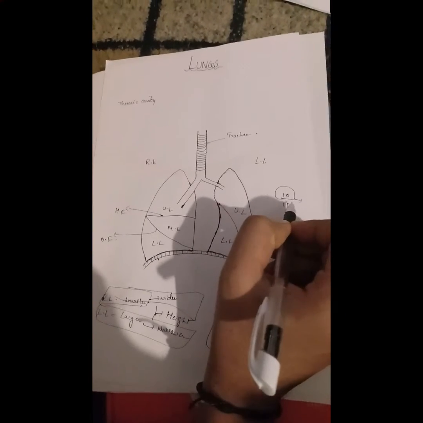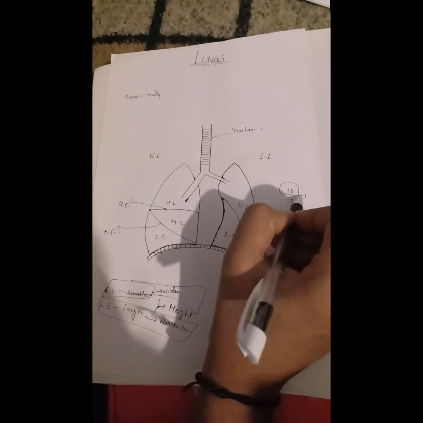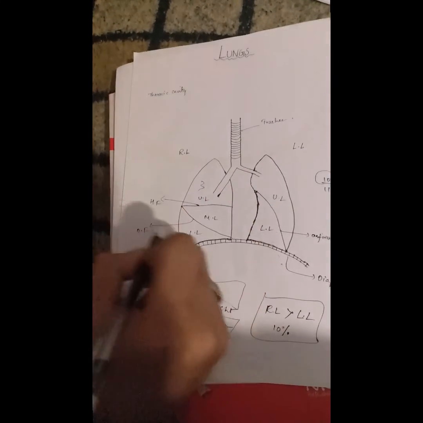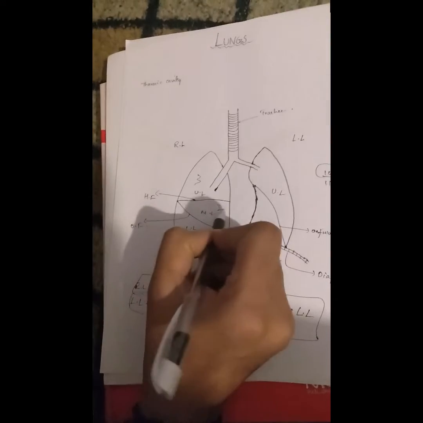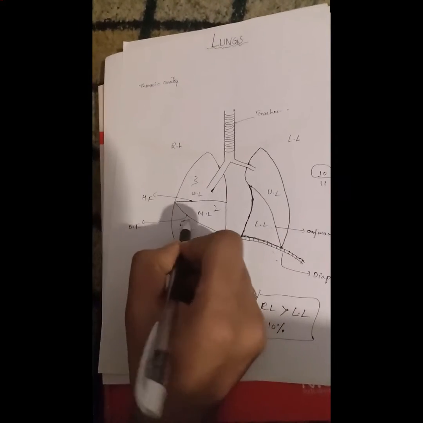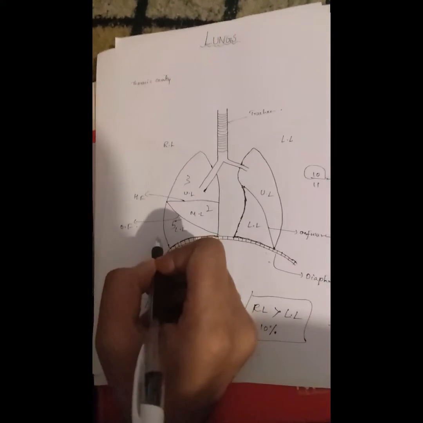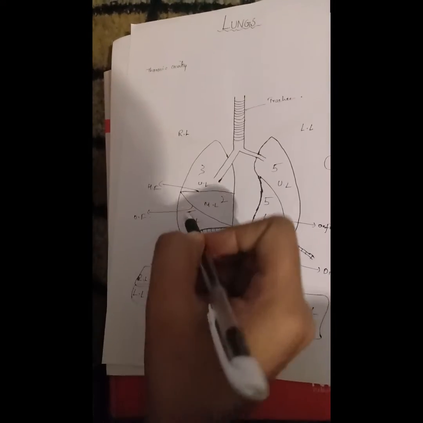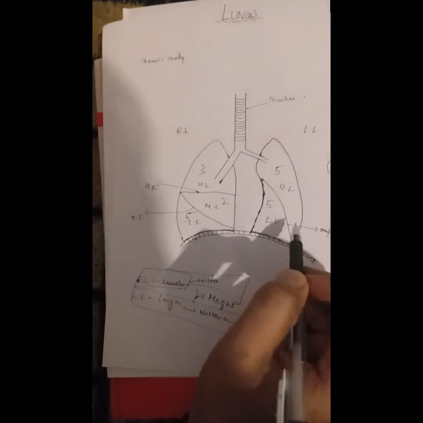So most authors consider 10 segments for every lung. In the right upper lobe there are 3 segments, in the middle lobe 2, and in the lower lobe 5. Total 3 plus 2 plus 5 is 10 segments. In the left lung, the upper lobe has 5 and the lower lobe has 5. Total 10 segments. So 10 segments in the right lung and 10 segments in the left lung.